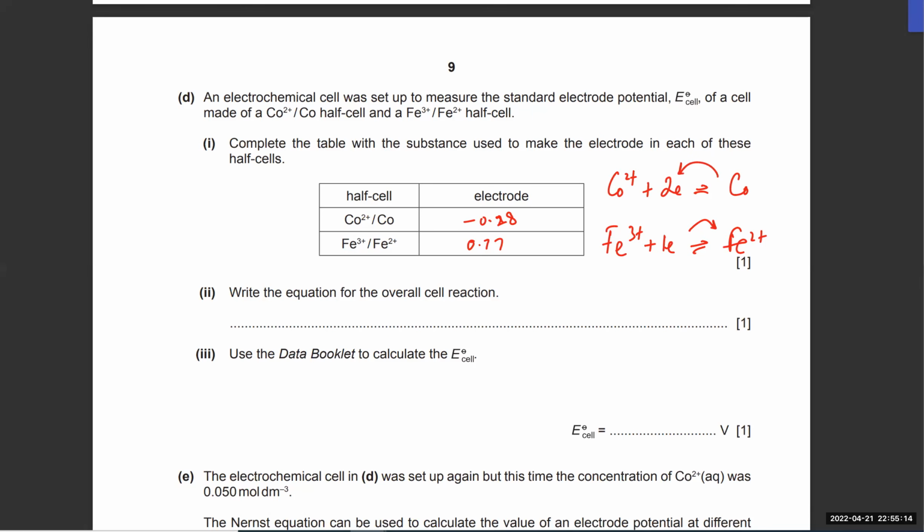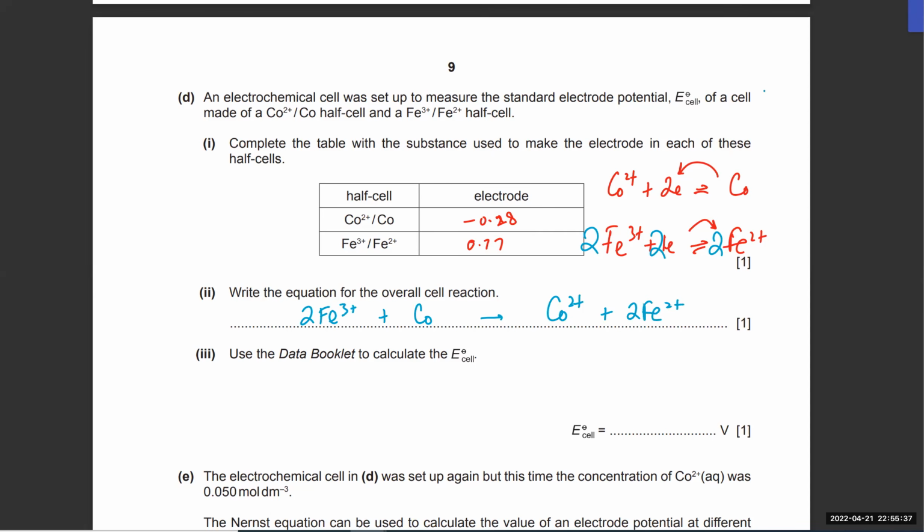The electrons have to be balanced first, so this would be multiplied by 2. Then you add up the reactants. The reactants are 2 Fe3 plus and cobalt, and in the products you're going to have cobalt 2 plus and 2 Fe2 plus.